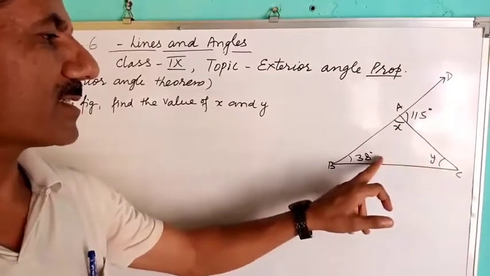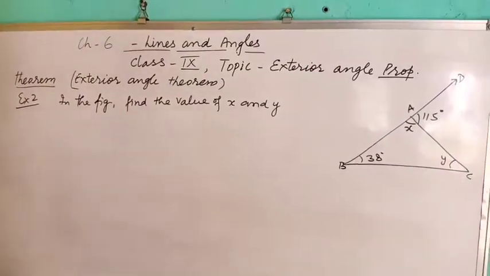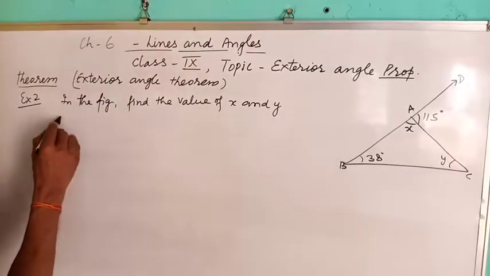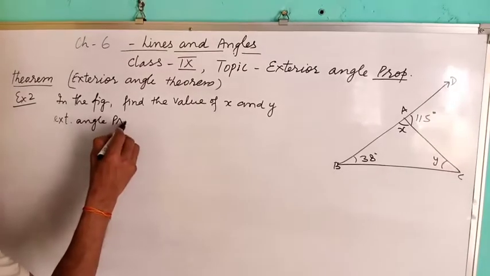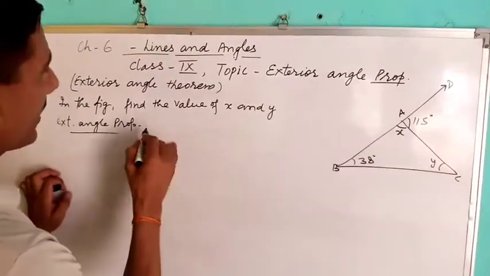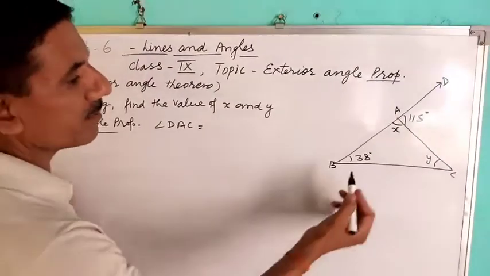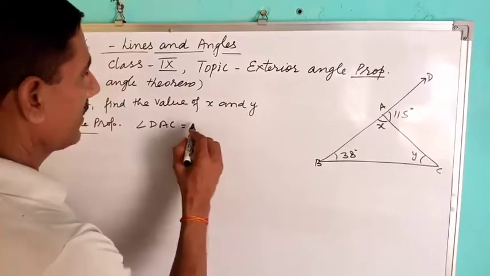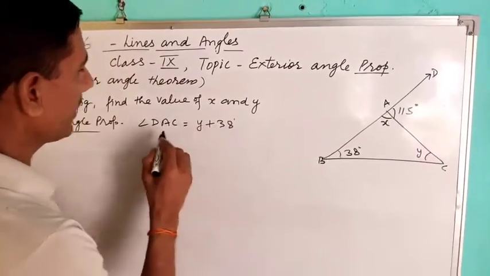So y plus 38 will be equal to this. This will be solved using the exterior angle property. Using this property, exterior angle DAC is equal to the interior opposite angles, y plus 38 degrees.